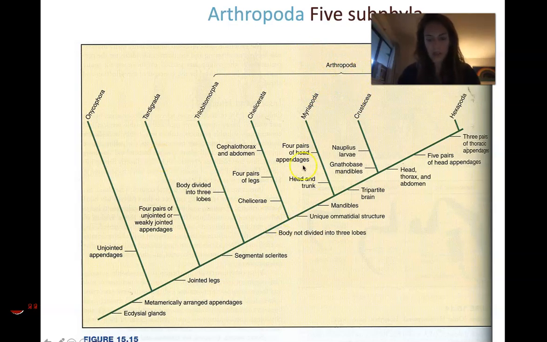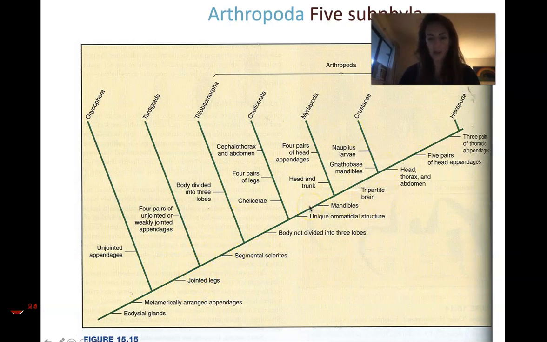Okay, and so you'll see mapped onto this phylogeny all the things we're going to talk about over the next couple slides. And included things like jointed legs. So our outgroup for arthropods is going to have unjointed appendages. Tardigrades, including in this group, are going to have jointed legs. And then you start getting into segmentation more when you get into all the arthropods.